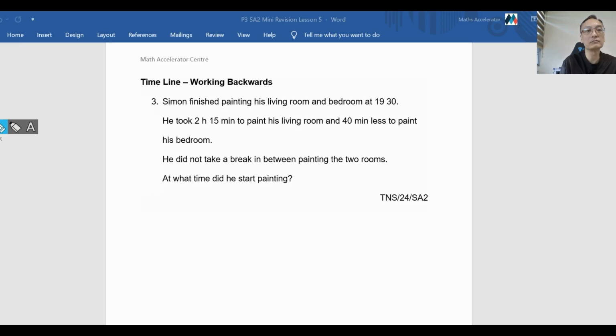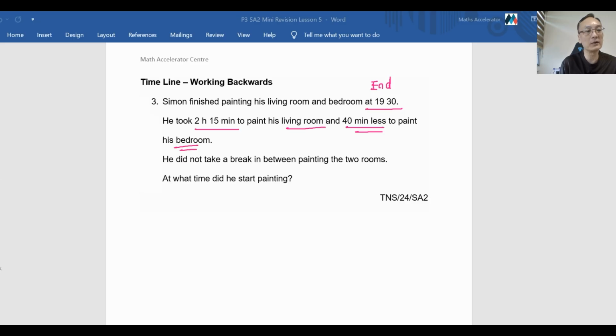Okay, firstly, we have to do some comparison. So let's underline some of the keywords. This is the end time. Simon finished painting the bedroom at 19:30. So this is the end time. And the next information is he took 2 hours 15 minutes to paint the living room, 40 minutes less to paint the bedroom.